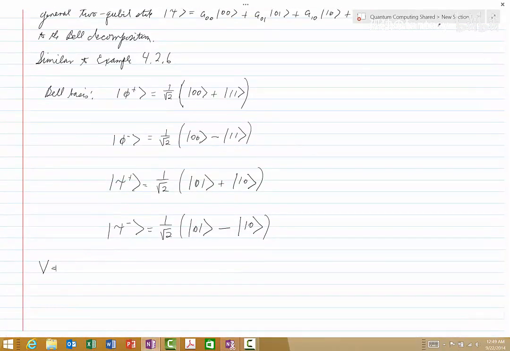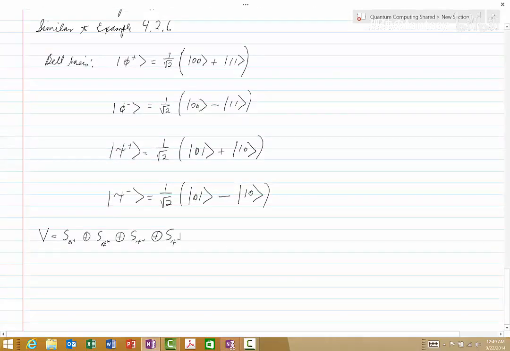We're going to decompose this into the direct sum S phi plus, S phi minus, plus S psi plus, S psi minus.